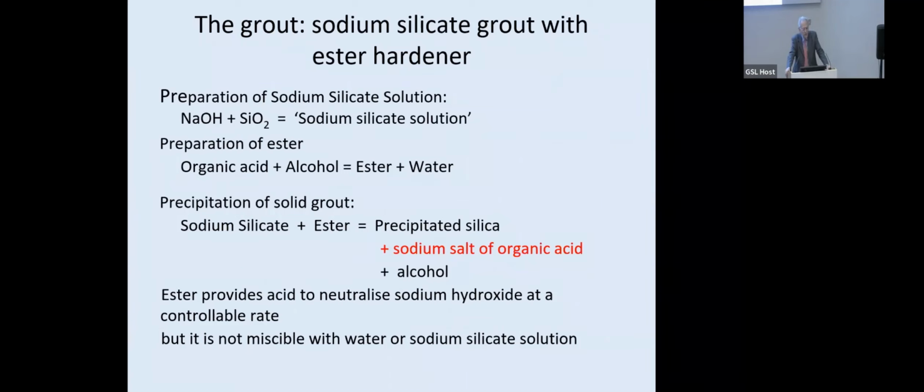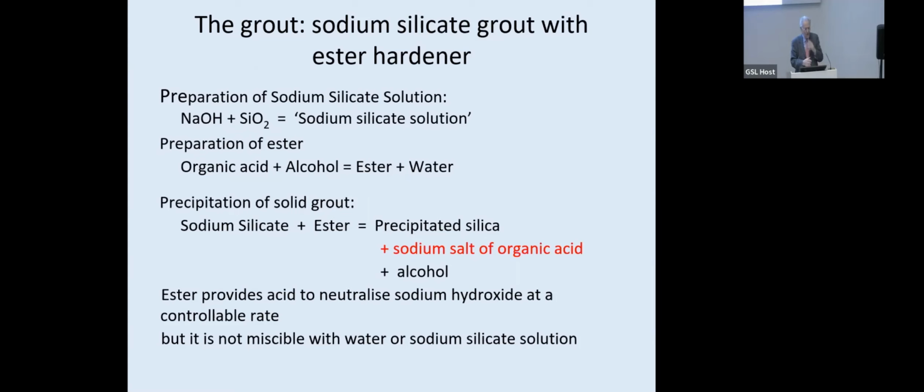Well, it was a mixture of sodium silicate and an ester. You need something that will set the grout in a controlled time. Sodium silicate is made effectively by dissolving silica in sodium hydroxide, and the silica-soda ratio is what you look at for silicate for grouting. And then you create this ester, which is basically a salt of an organic acid and an alcohol.